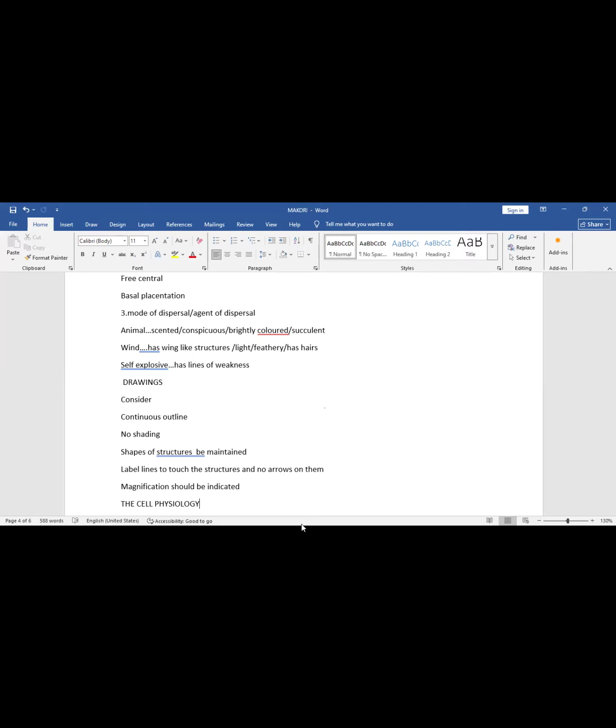The fruit is conspicuous, it is brightly colored, it is succulent, it's large. Those are some of the reasons that we normally give whenever we are giving animal as the agent of dispersal. We can also give wind dispersal as another way that the seeds can be dispersed.